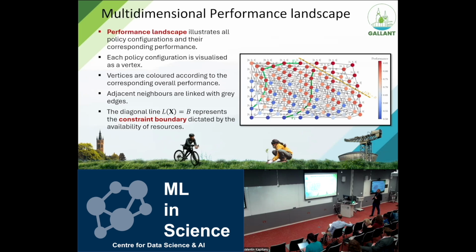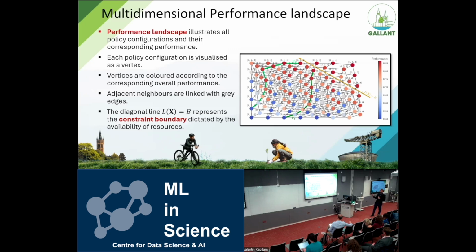So each policy configuration is visualized as a vertex, and the vertices are colored according to their overall performance, depicting their sort of elevation in the landscape. And the dashed diagonal line represents the constraint boundary that we cannot go beyond. So there's an availability of resources that restrict our landscape in that sense.